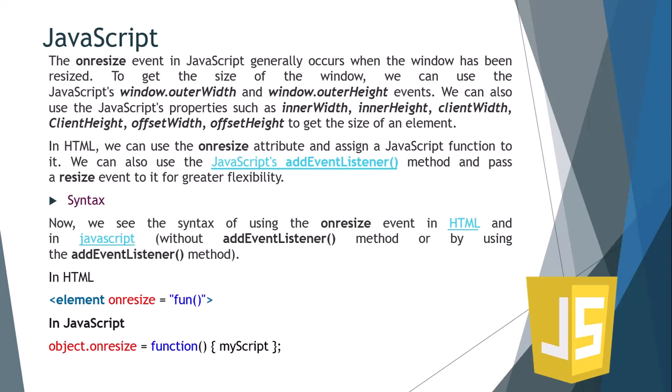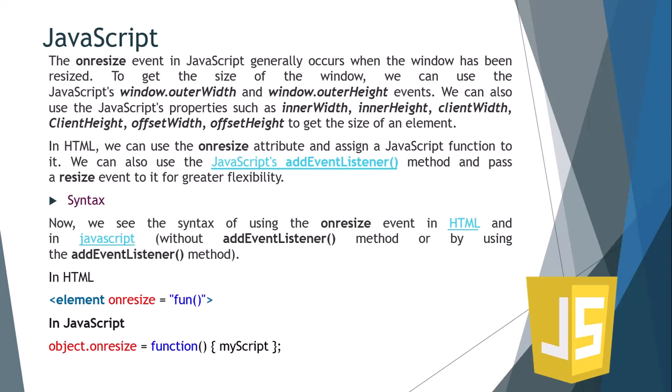In HTML, we can use the onresize attribute and assign a JavaScript function to it. We can also use the JavaScript addEventListener method and pass a resize event to it for greater flexibility. Now we see the syntax of using the onresize event in HTML and in JavaScript, without the addEventListener method or by using it.